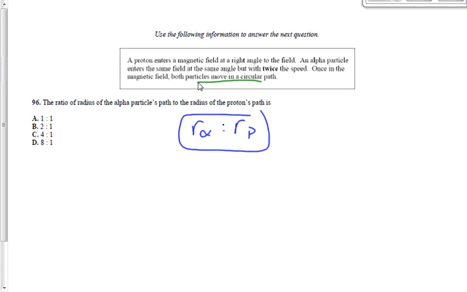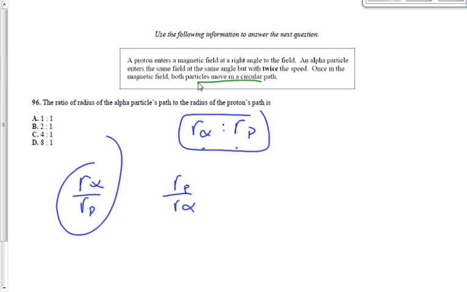Divide. So which one are we going to divide? R alpha by R proton, or is it going to be R proton by R alpha? It matters, right? Is it my age divided by your age, or your age divided by my age? We're looking for R alpha to R proton, so it's going to be this one, right?